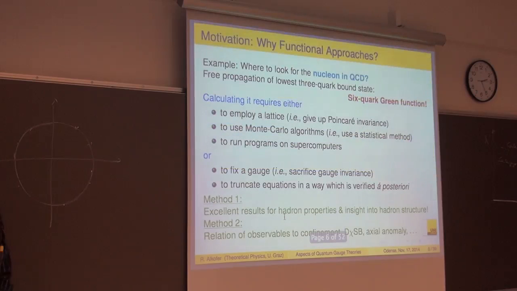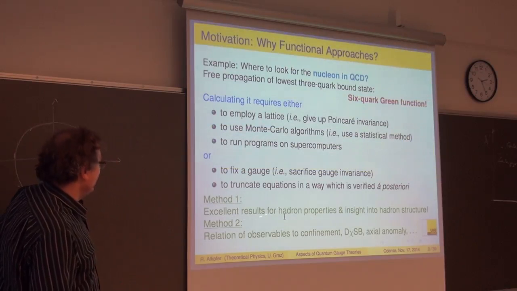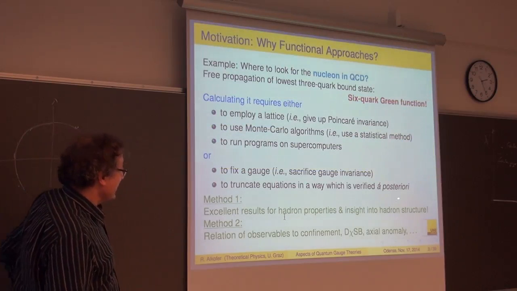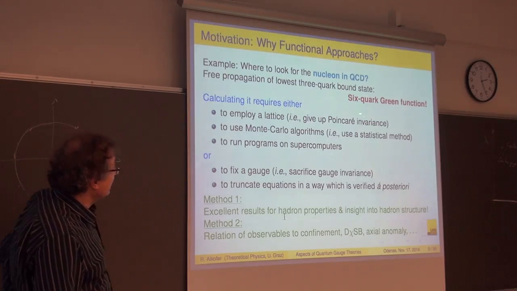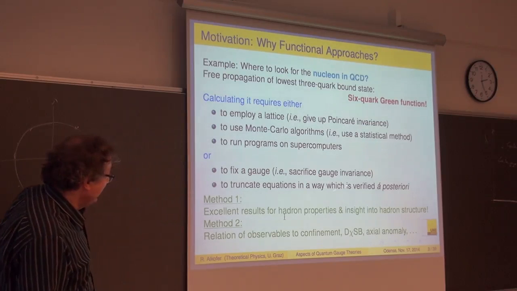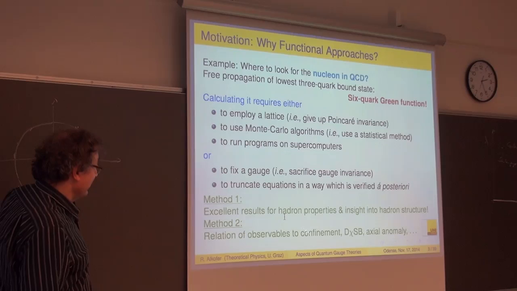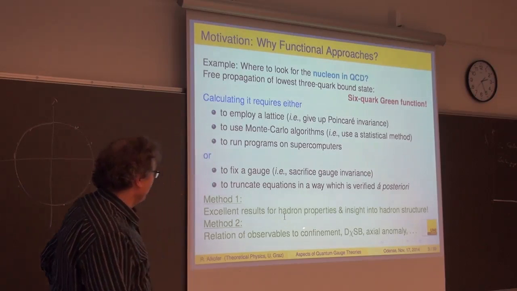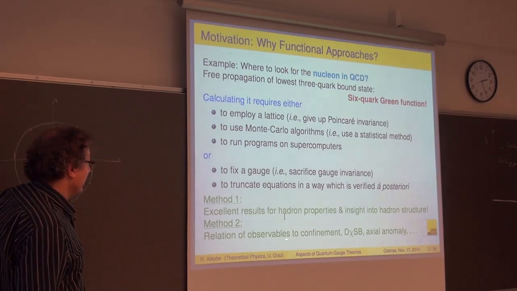And you all know that method 1, if you apply it to QCD, gives you excellent results for hadron properties, it gives you insight into hadron structure, all that stuff. But it has proven surprisingly hard to learn something about more fundamental aspects. Of course, you can calculate the Wilson loop, confinement is there, but as you probably have seen already in my discussion before, the nature of confinement is still quite elusive.